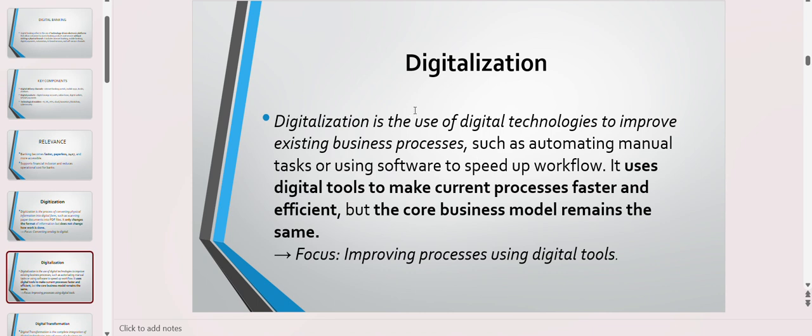You are having a problem with the order, or with the quality, or with the price, or with the delivery boy. So they are doing all these things with the help of automating manual tasks.